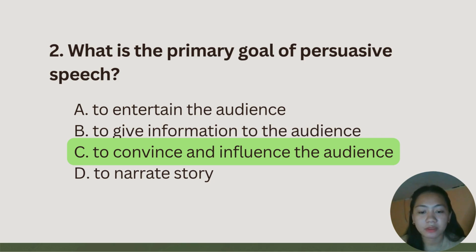Letter B, to give information to the audience, describes the informative speech, which focuses on explaining or teaching a topic. And letter D, to narrate a story, focuses on narrative or storytelling speech, often used in personal or creative presentations.